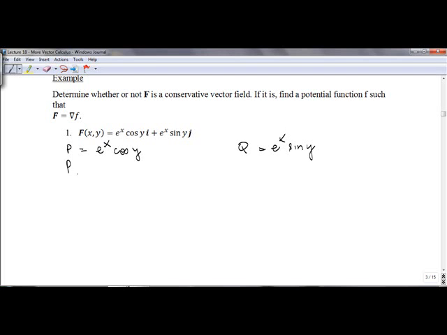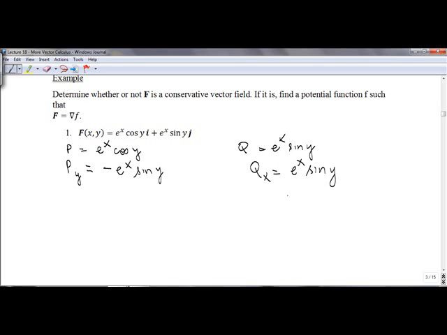So you find the partial of P with respect to y. What is that partial, anybody? Negative e to the x sine y. Then you find the partial of Q with respect to x. What is that? e to the x sine y.